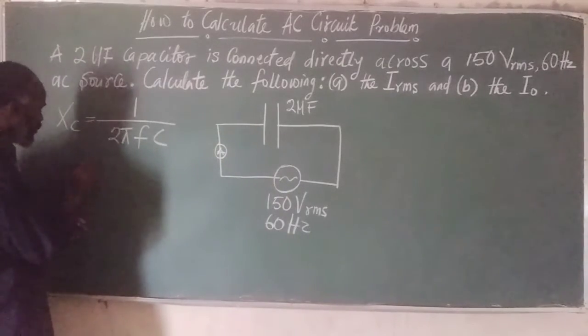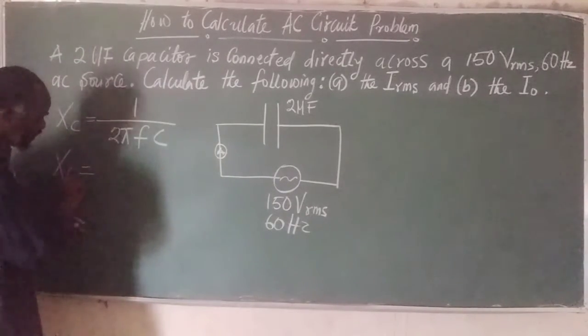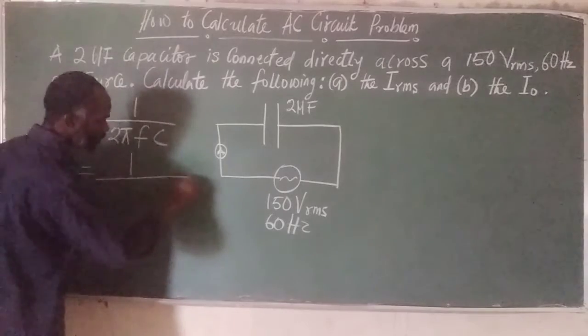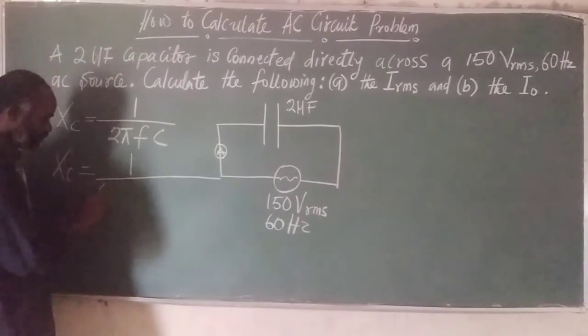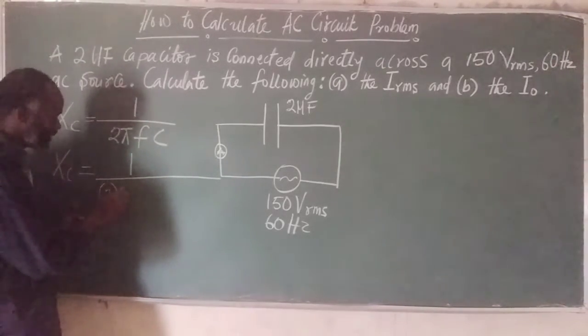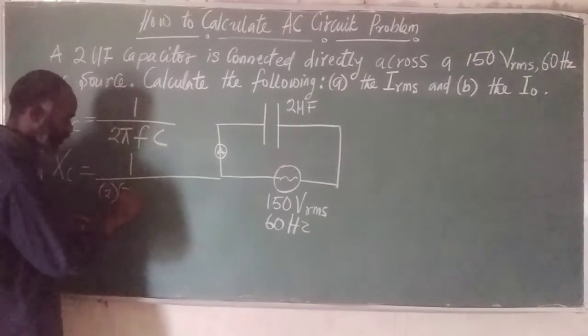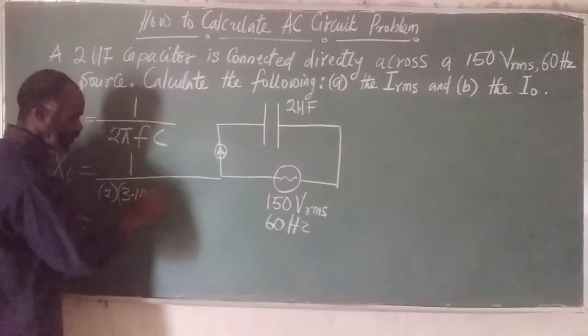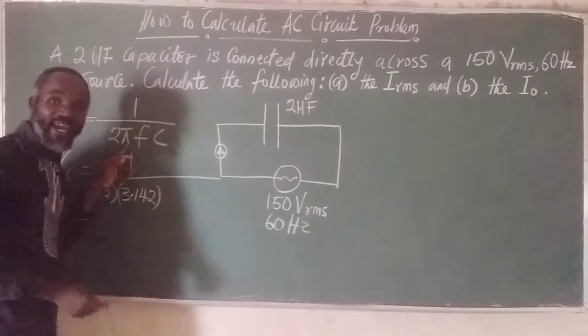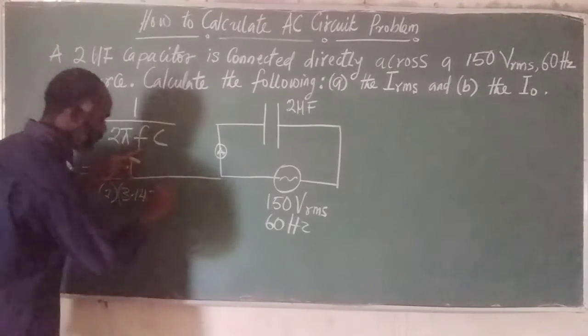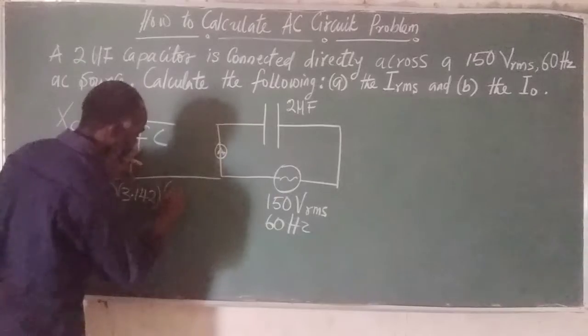XC is equal to 1 over 2, and we put everything in brackets, 3.142, which represents the value of pi. Then F is the frequency, 60 Hz.